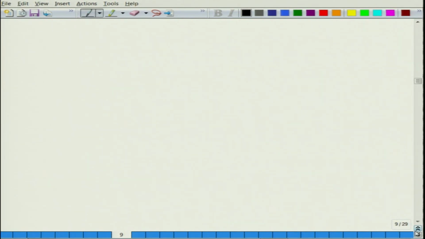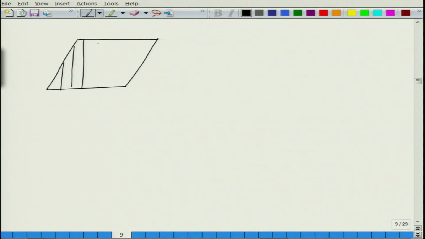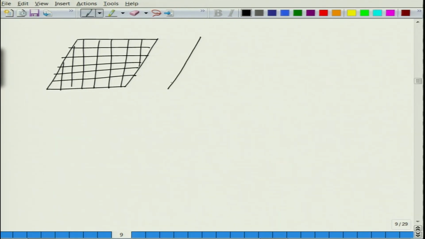So, for example, if you deform the material to this shape, is it possible that you may have a situation like this? Let us say we had these grids, atomic grids, that were present earlier. Do they remain the same as they were earlier, or do they become bigger or smaller?